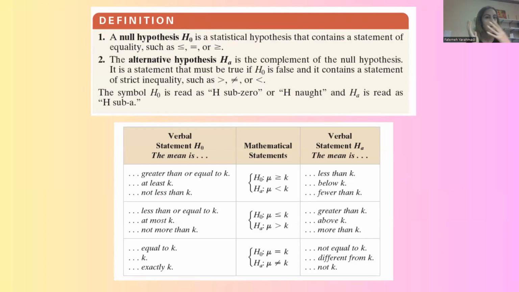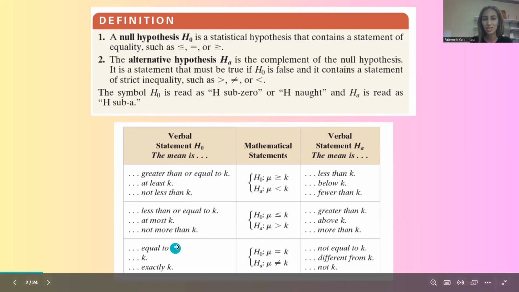Null hypothesis, H sub 0, always includes equality. Either it's in the form of less than or equal to, equal to, or more than or equal to. All of these mathematical symbols, and later on their English equivalents, are related to the null hypothesis.